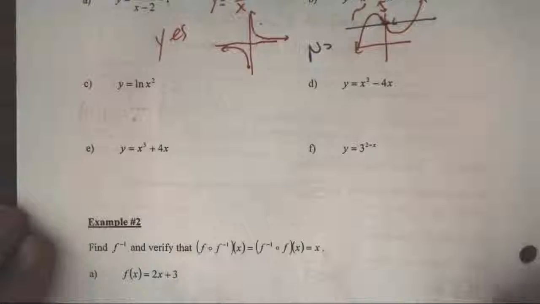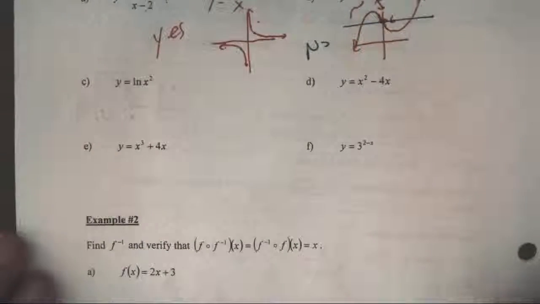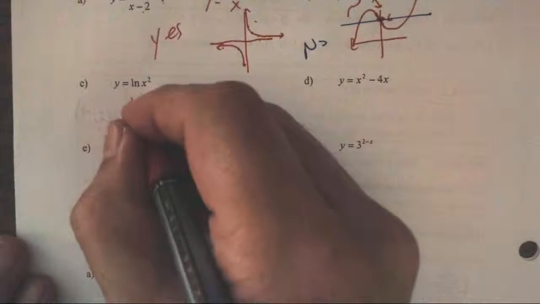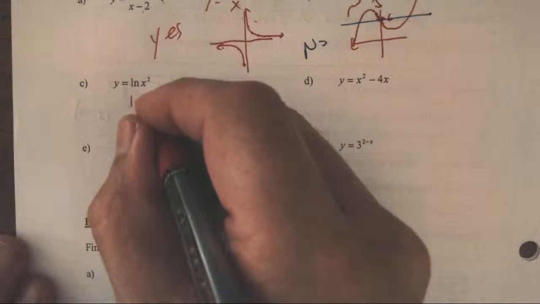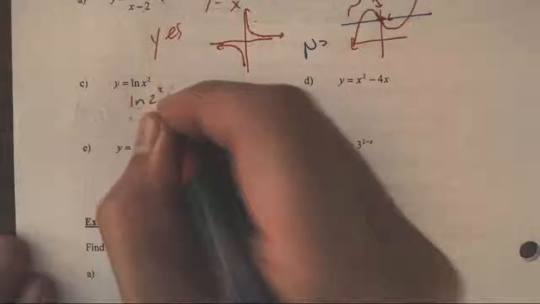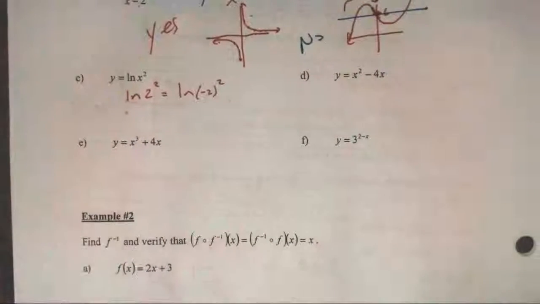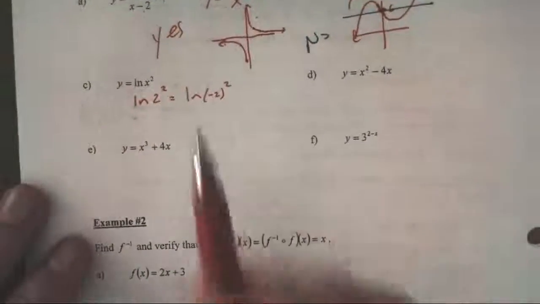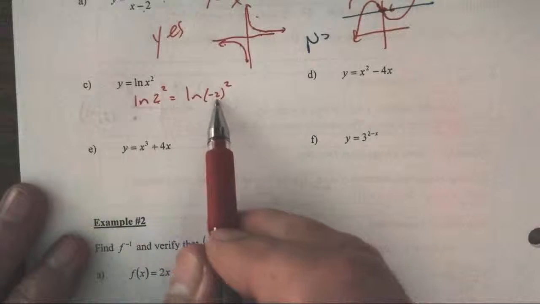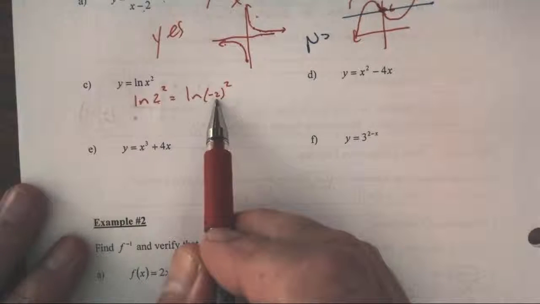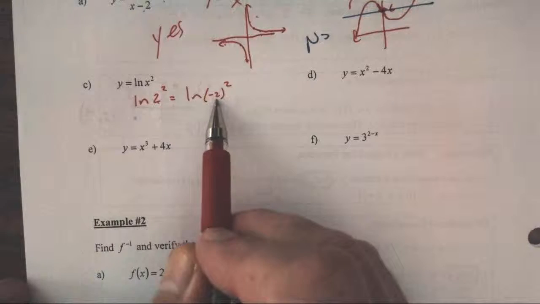All right, C. Even if I didn't know what the graph of this looks like, real quickly, when I see that squared on x, ln of 2 squared is going to equal ln of -2 squared. Therefore, from my example on the page before, girls for the x-axis, boys for the y-axis, girl 2 and girl -2 would end up with the same date for boy.